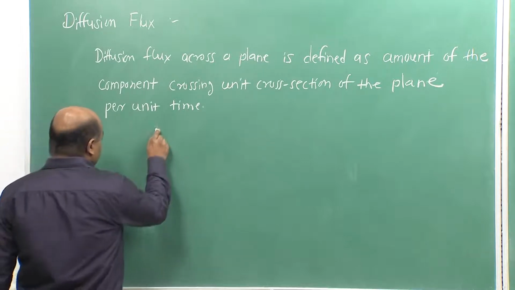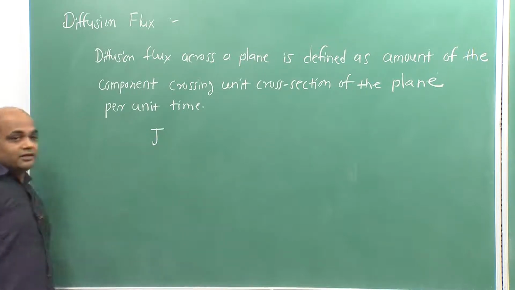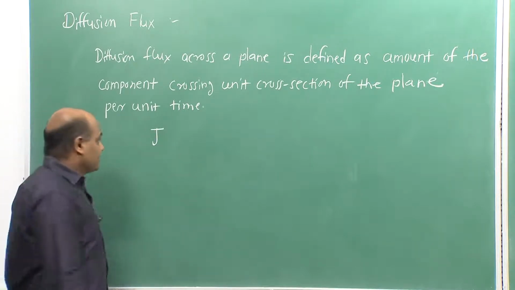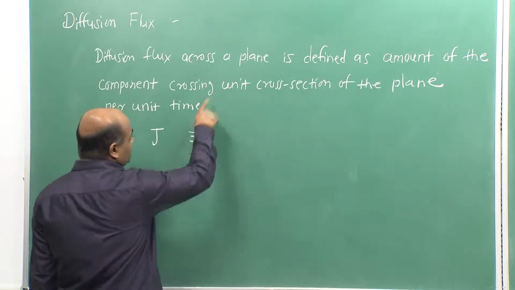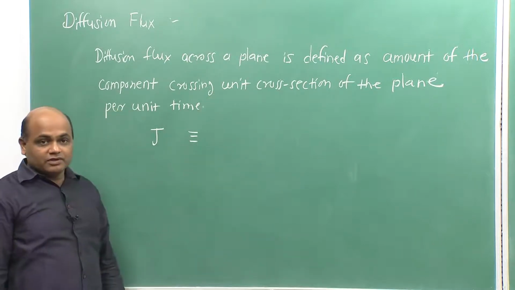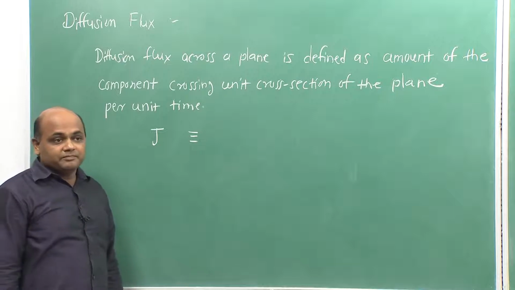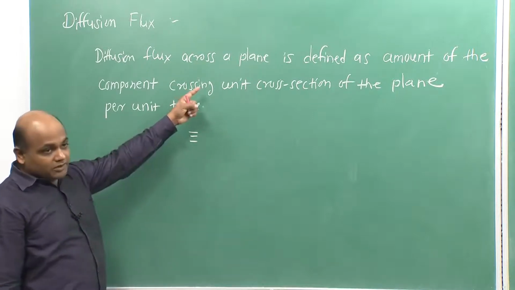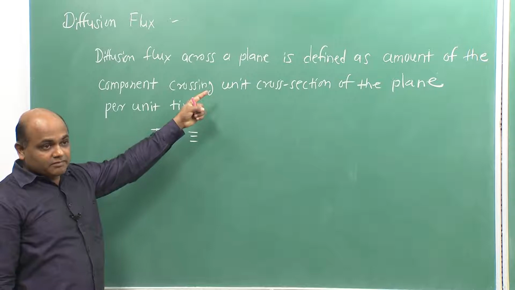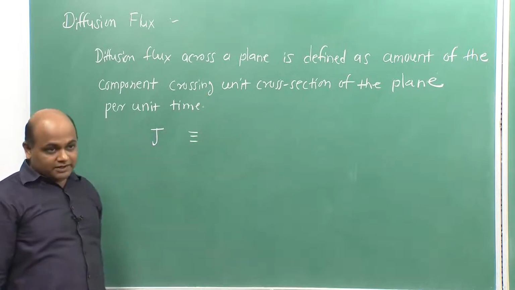The diffusion flux is usually denoted by the symbol J, and as you can see from the definition, the unit of diffusion flux will be amount of the component per unit area per unit time.